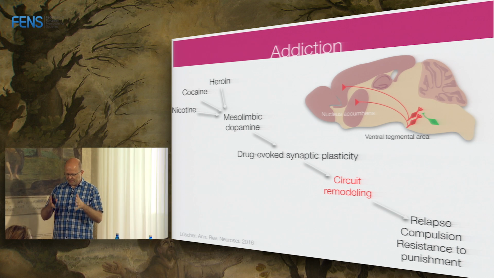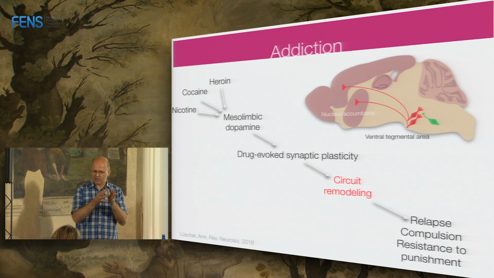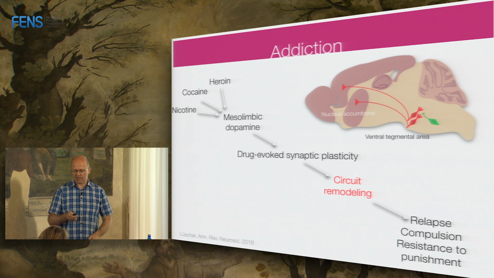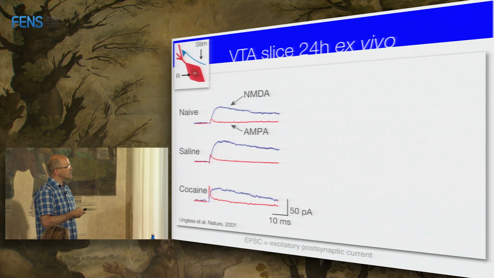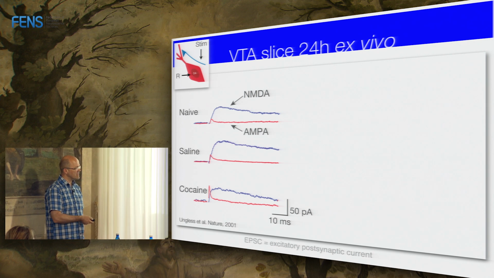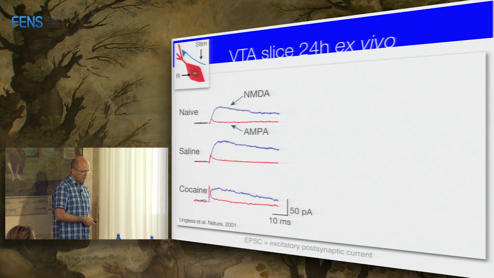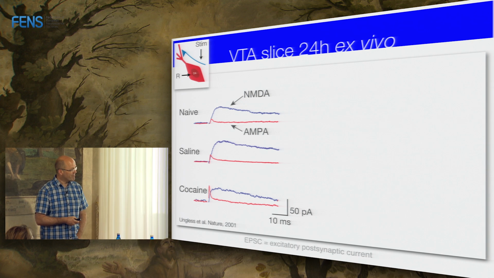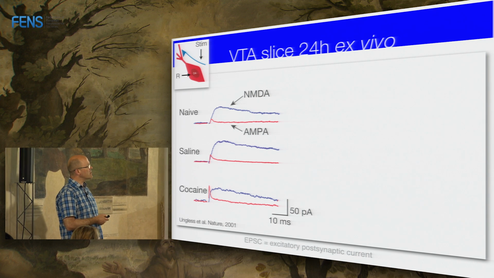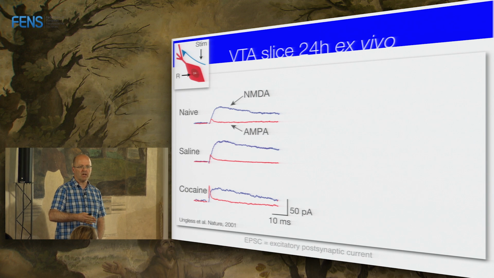So now, in that second part that is going to start now, we're going to talk about this drug-evoked synaptic plasticity. And the first description of such a drug-evoked synaptic plasticity is this paper here in Nature in 2001. What is shown here is an ex vivo experiment.